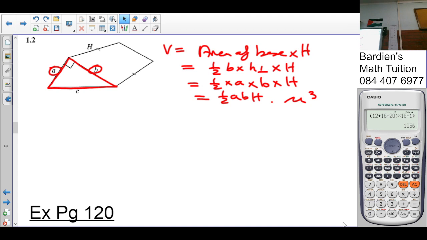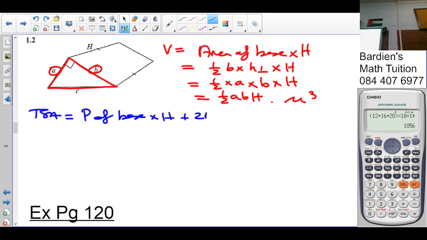Any confusion there? No confusion? How do you calculate the total surface area? Perimeter of base times height plus 2 area of base. There's the perimeter of the triangle times height plus 2 area of a triangle.